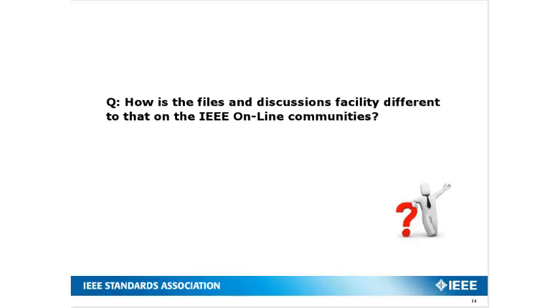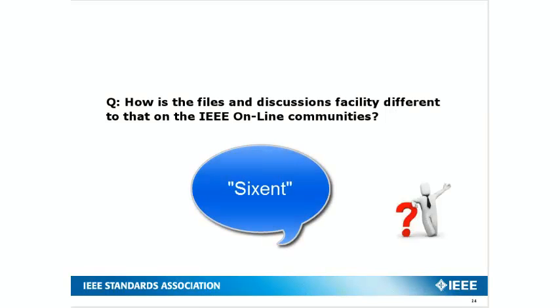How do the files and discussions facility differ from that of the IEEE online communities? Well, that's a good question. The online communities is an application called Sixtent, and it's been around the IEEE for a while. There are quite a few groups that are using it and are happy with that application. It does have a minimal amount of collaboration features.